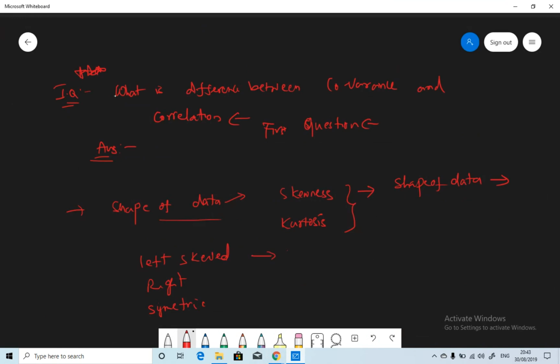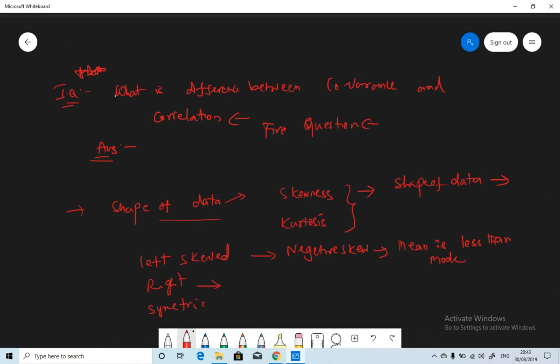Left skewed is nothing but negative skew. What does it say? Mean is less than mode.